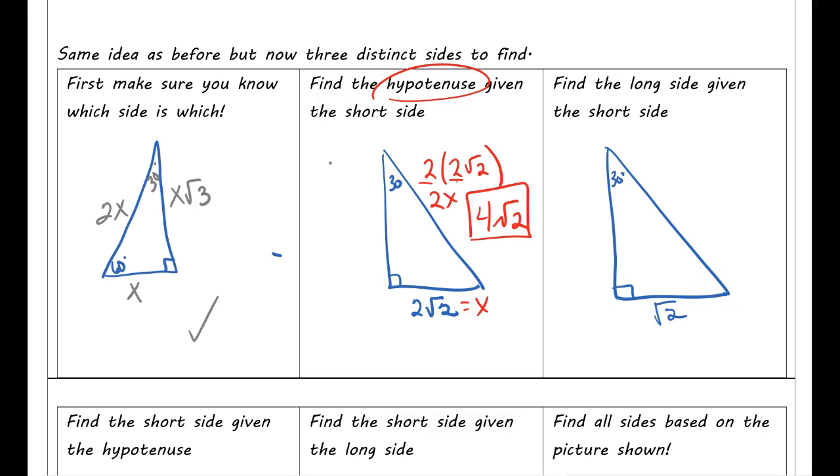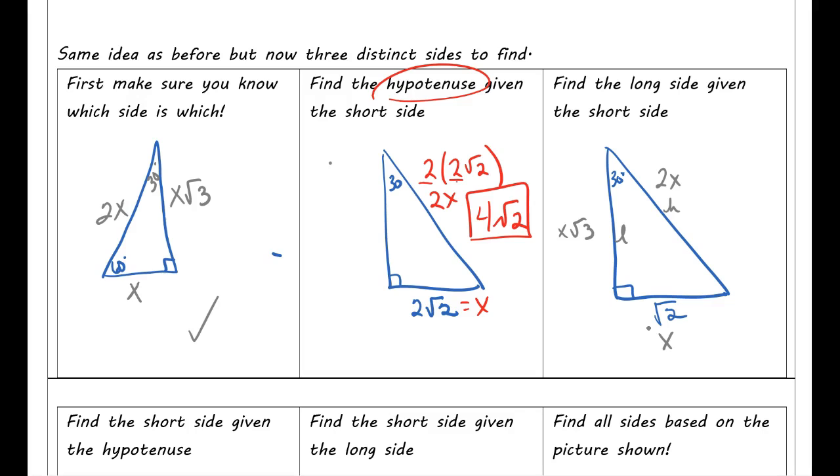Well, we are going to figure out where the long side is. If this is the short side, this is the hypotenuse, this is the long side, and we need to know the relationships. The short side is x, the hypotenuse is 2x, and the long side is x root 3. So this is just copying those formulas from the given triangle that we did earlier in the notes.